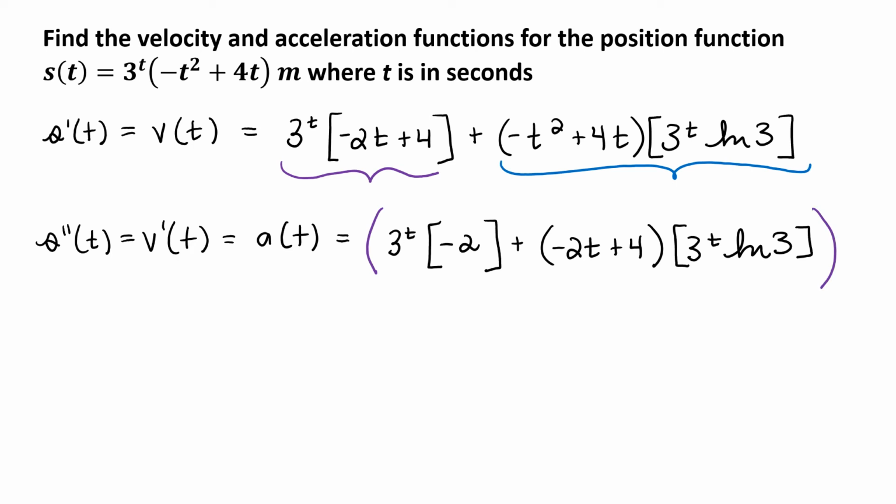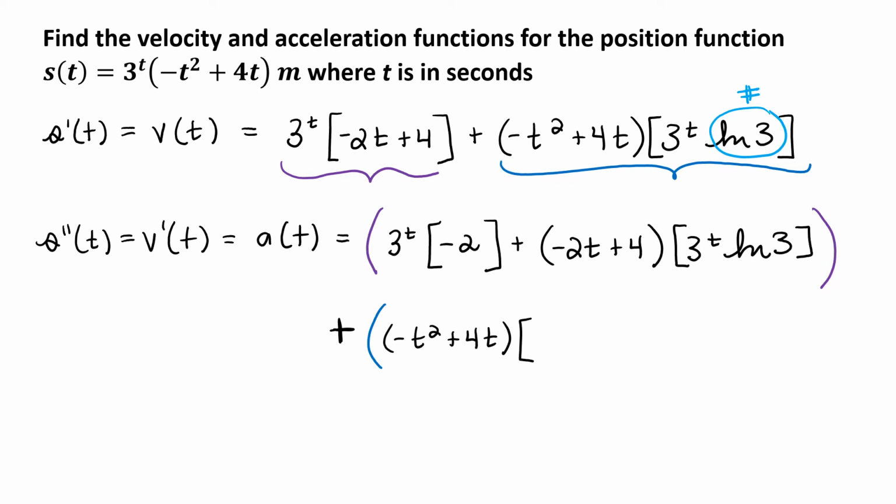And then we have to use product rule again to find this next piece. So that will be equal to, for the next space, the first function, negative t squared plus 4t, times the derivative of the second function, keeping in mind that natural log of 3 is just a number, so that's along for the ride.